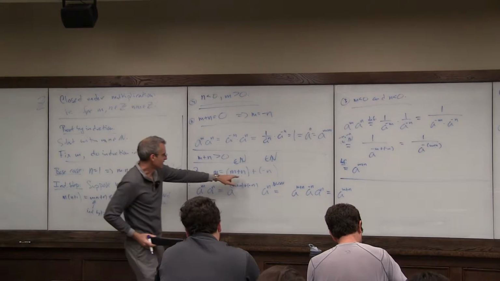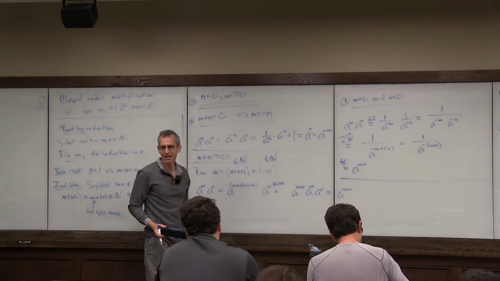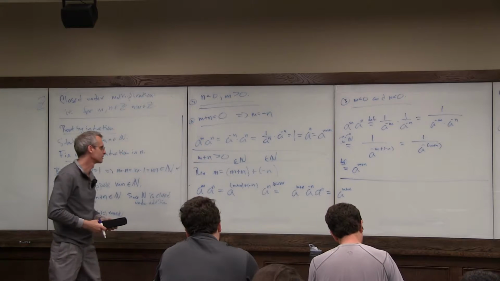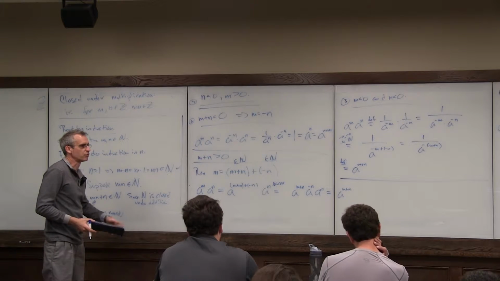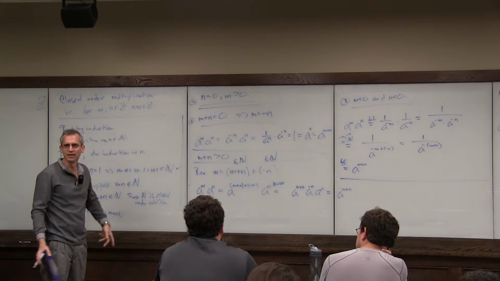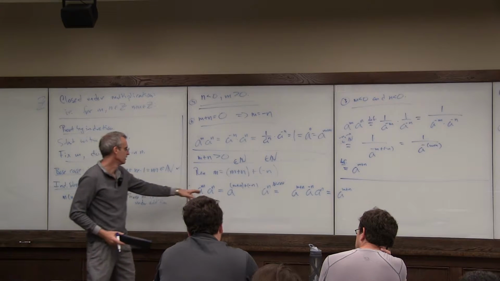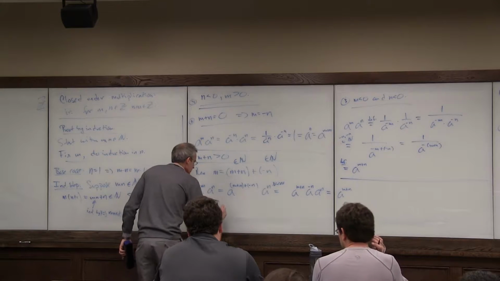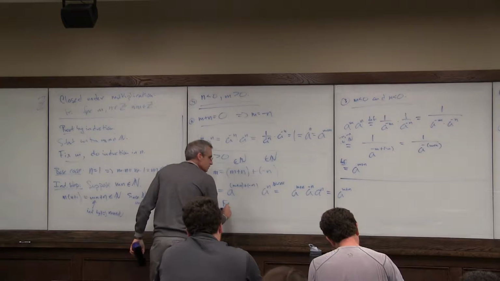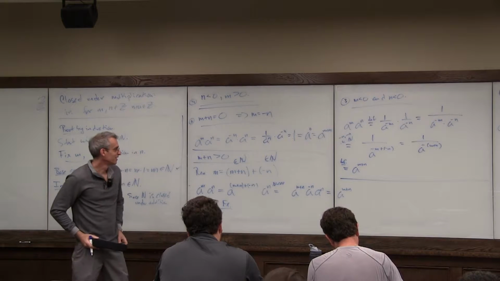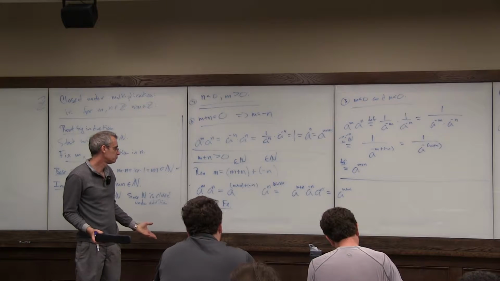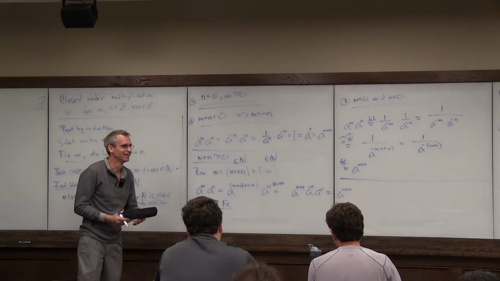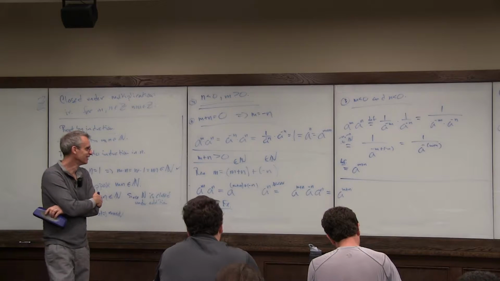You'll see this little trick all the time, right? You've already seen it many times. It happens when you prove the product rule for derivatives. It's just a standard kind of trick. And then the case m plus n less than 0 is an exercise. Kind of cheap, honestly. It's a number plus and minus any other number.